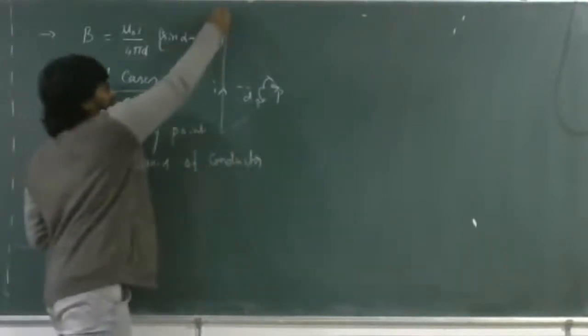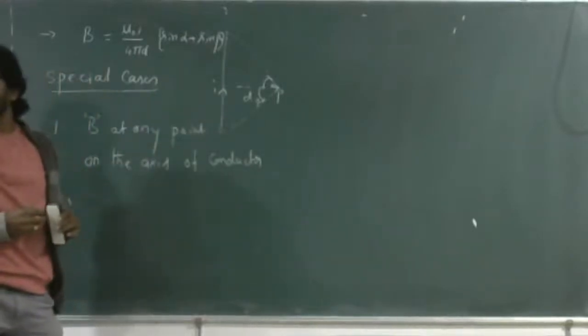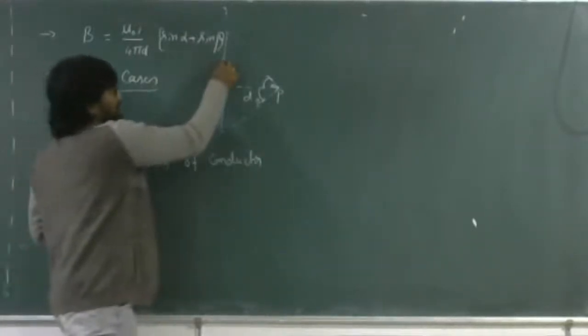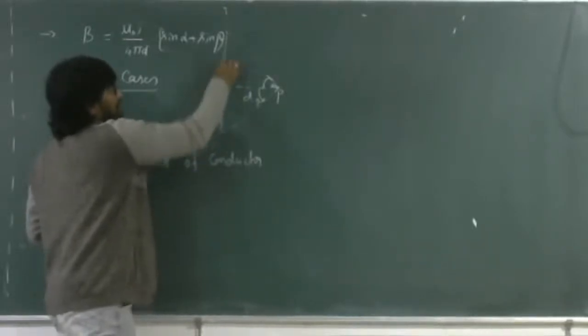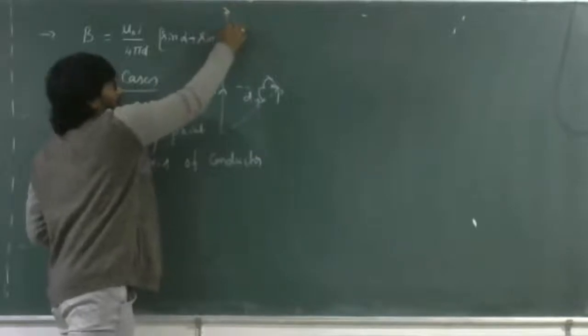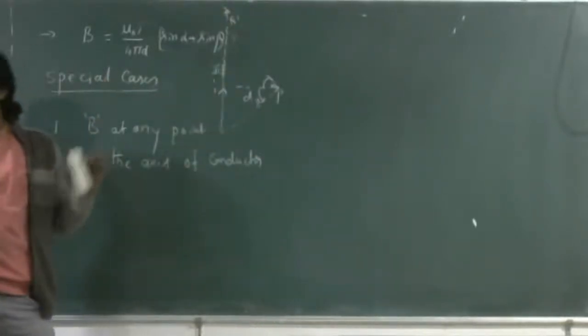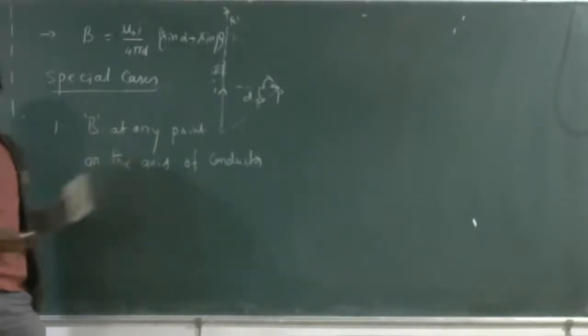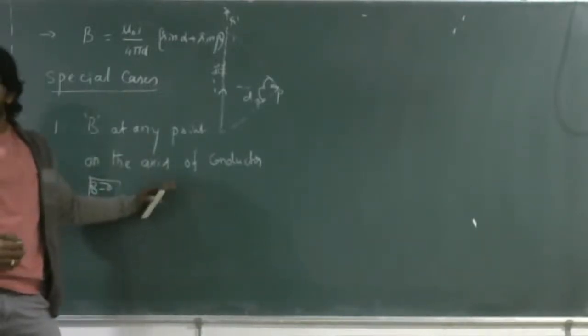So if the point is somewhere here on this axis, or along the length also, you can consider a small element. For this current element, the direction will be in the direction of current, and the position vector of the point will be r vector. This dl vector and r vector will be parallel to one another. From Biot-Savart law, the angle between them is 0. So dB is equal to 0, and hence B is equal to 0 for this point. This I have already discussed.